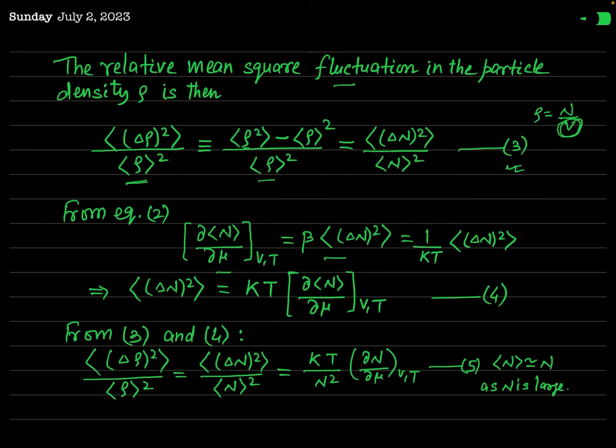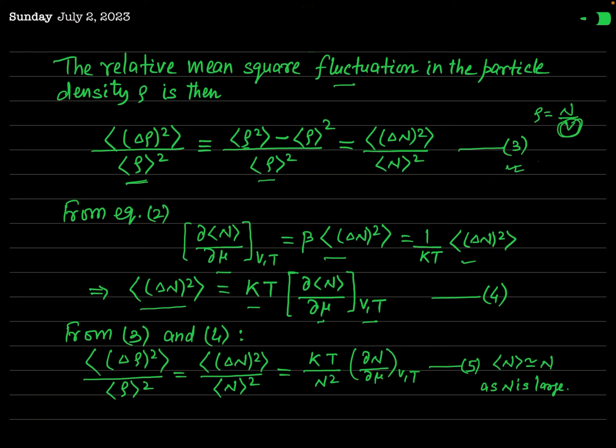I have just repeated it. And beta is equal to 1 over kt. So in place of beta, I have written here 1 over kt. And so from here you can see that the mean value of delta n square will be equal to kt times this partial derivative of n with respect to mu at constant v and t.